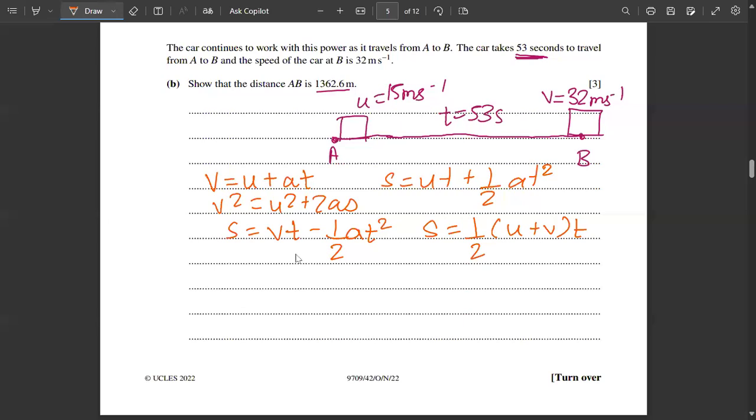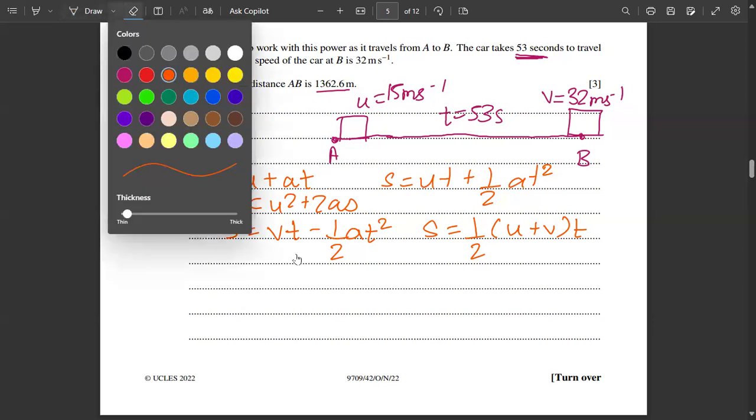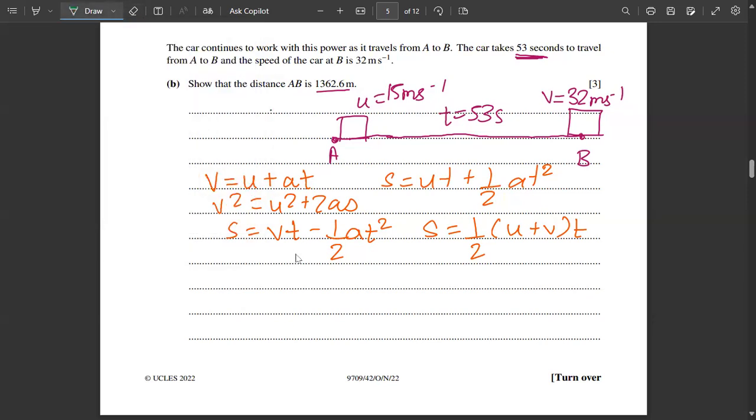So what do we have here? We have U, we have V, we have T, and what do we have to show? We have to show the distance. We need to find S. But we will find A, so it's not required.